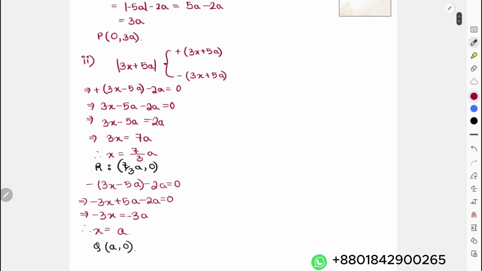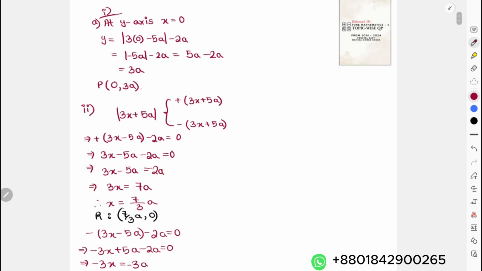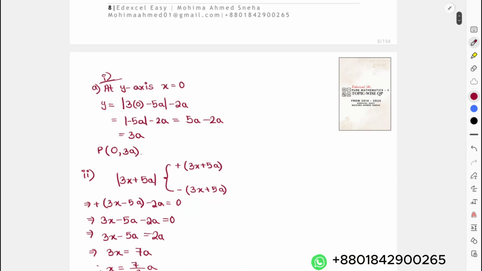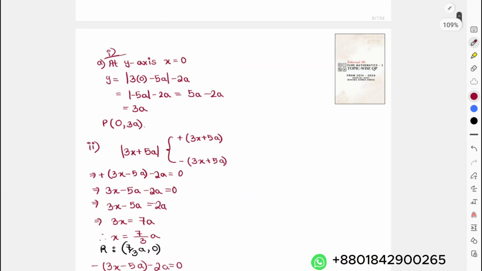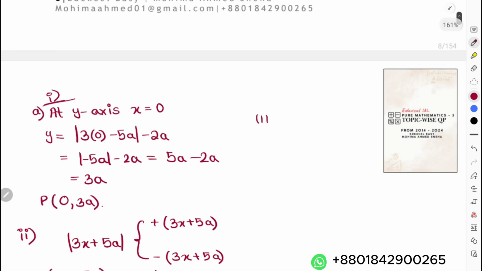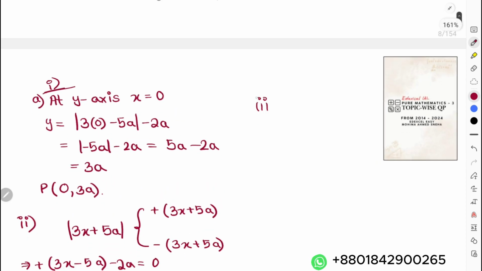After this, again, they were asking you to find out the coordinate of the S, which was, by the way, the top vertex coordinate. We know at the top vertex coordinate, always this modulus or absolute function has to be 0. So we're going to use that idea again. So for that, part 3, we are using that 3x minus 5a equals to 0, which eventually gives you the value 5a over 3.